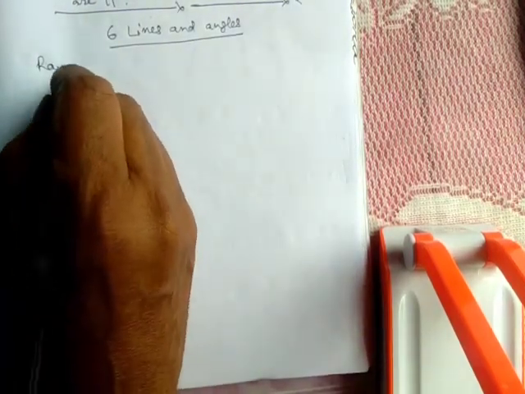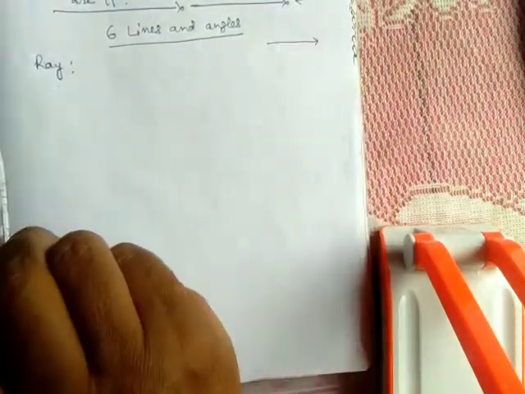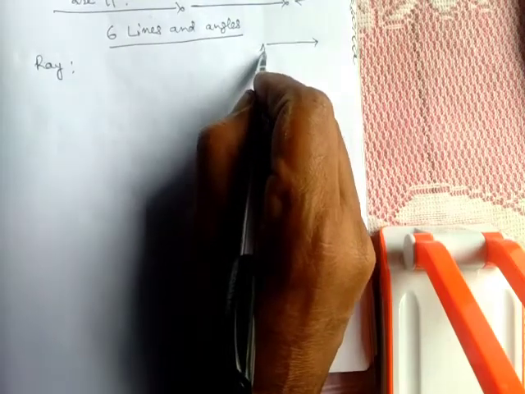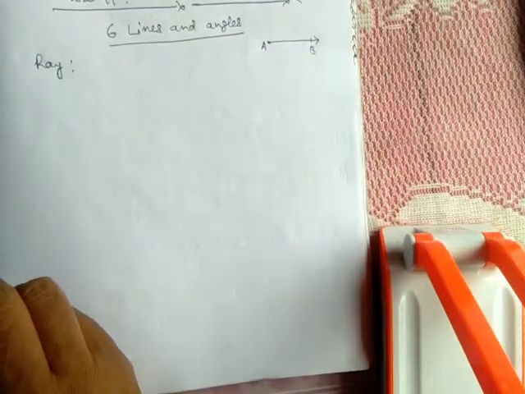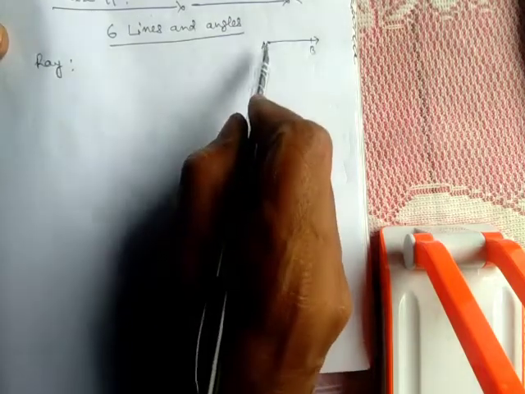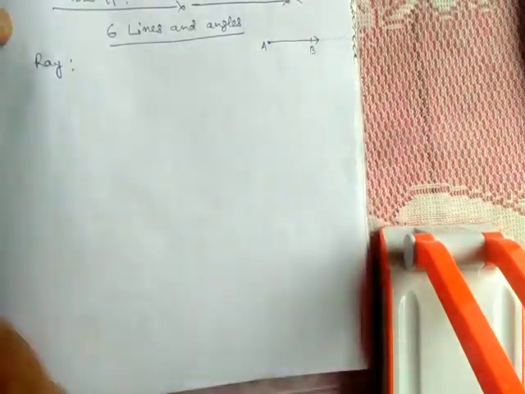Ray of line. Suppose I am putting a line segment like this. This is A and this is B. One point is an ending point and the line is going on this side.